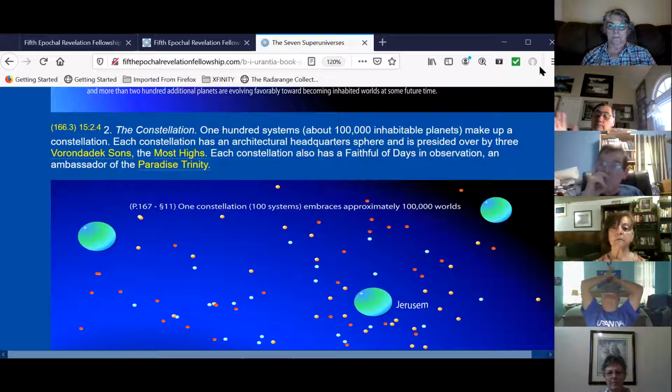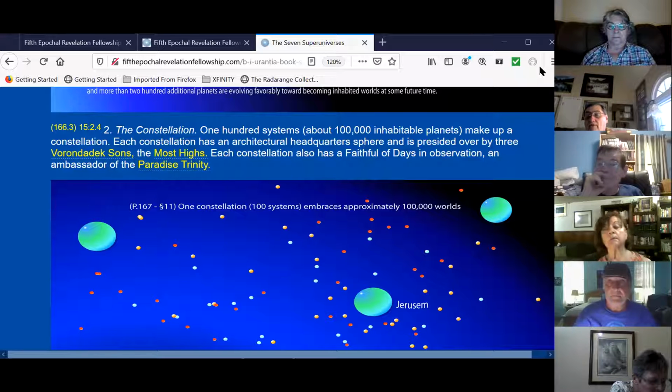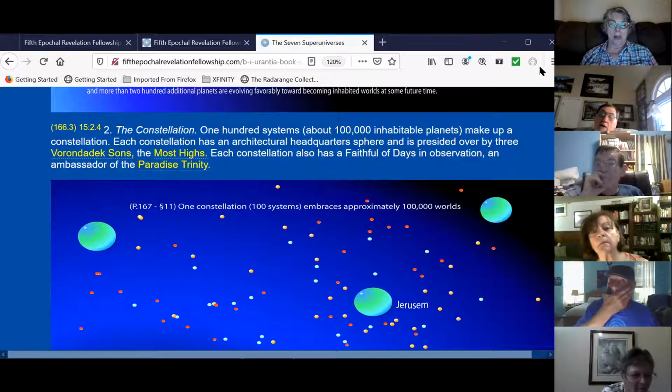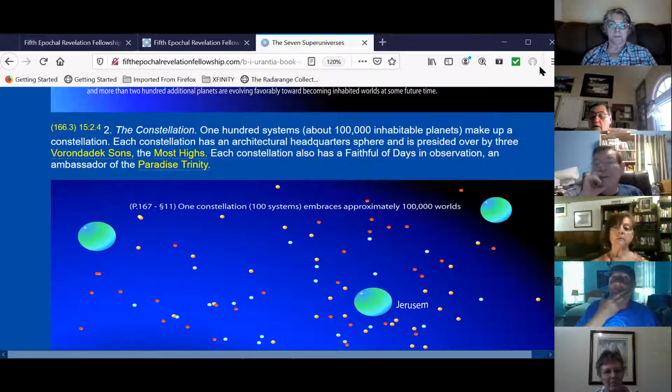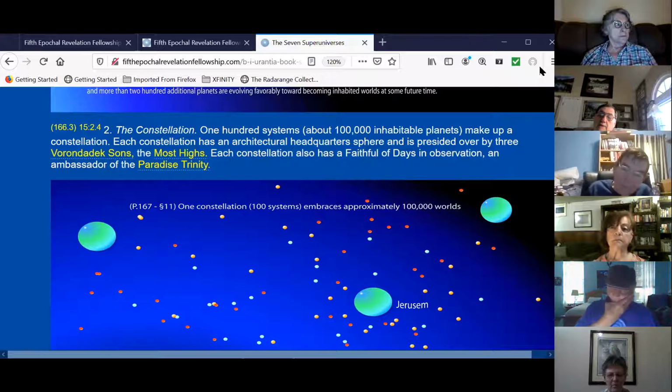All right. So we know there's at least 13 more planets, am I adding that up right? That have been inhabited after us, right now. There's probably more than that by now, because this is in 1934. And we don't know how close any other planets were at being inhabited, right? They don't tell us that.